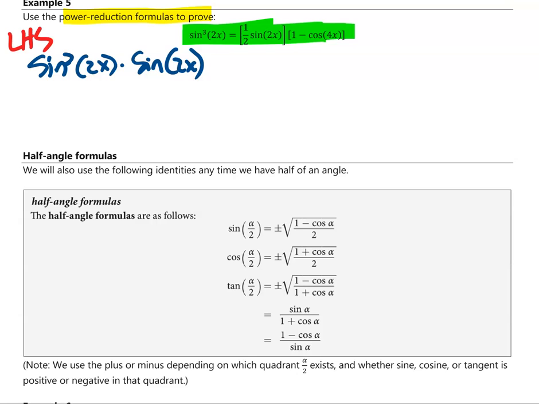And we know that sine squared is equal to 1 minus cosine of 2 theta over 2, so 2 times 2x is 4x, over 2 times sine of 2x.